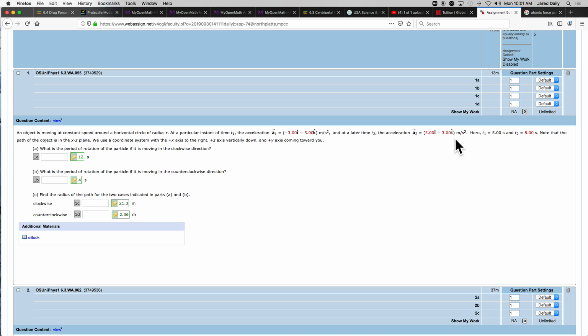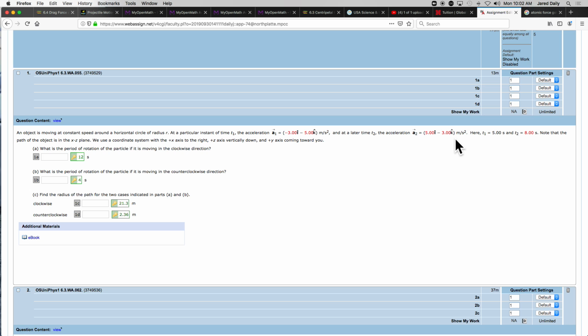Then time 1 is 5, time 2 is 8, so you take the 3 seconds divided by 1.25 periods, and that'll give you seconds per period.